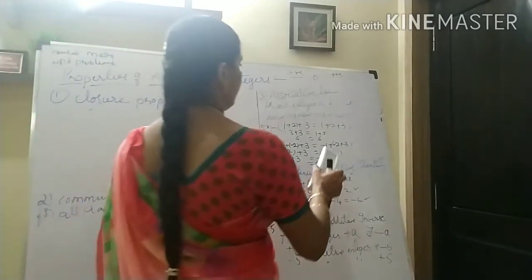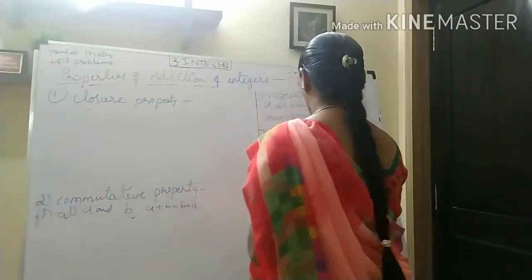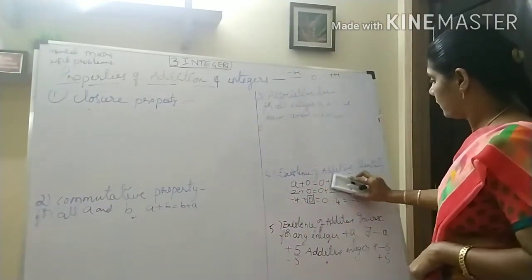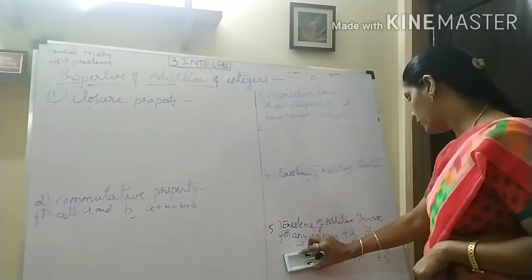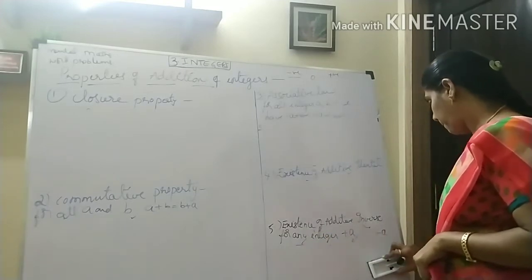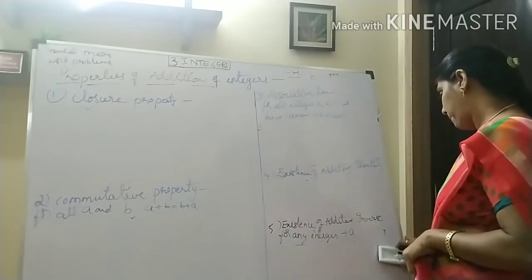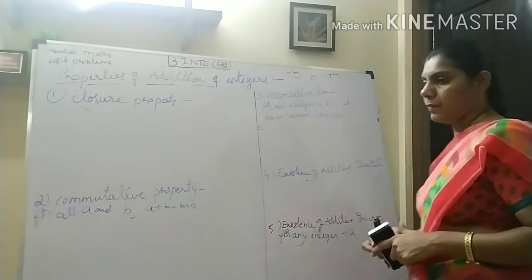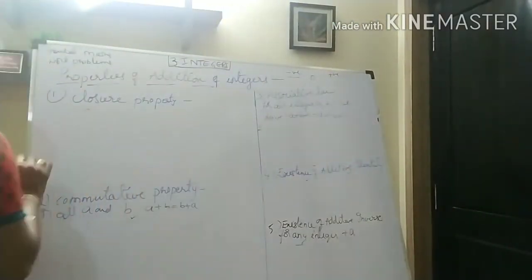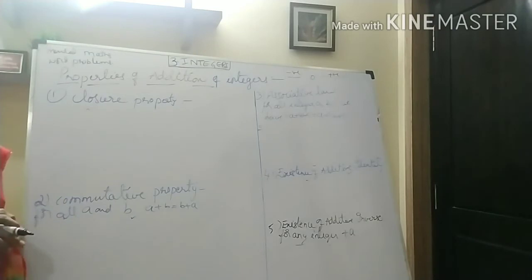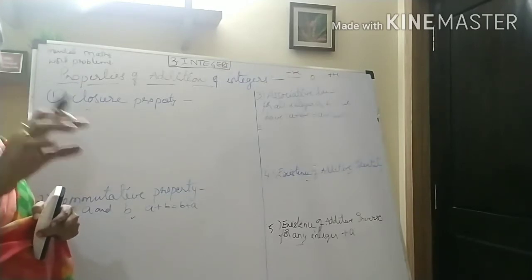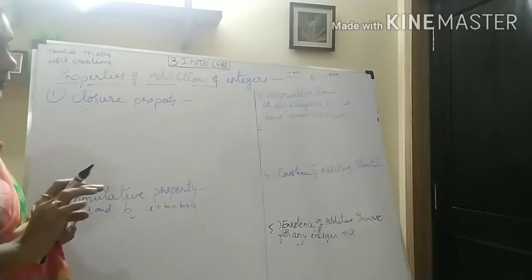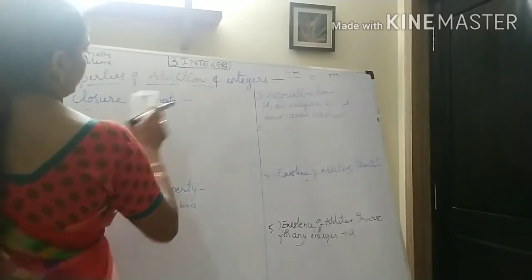So here also with negative sign we will check and discuss these properties. See this closure property. What have we learned, what is closure property? For any two integers a and b, the sum of two integers will be an integer. So we are talking about subtraction here.